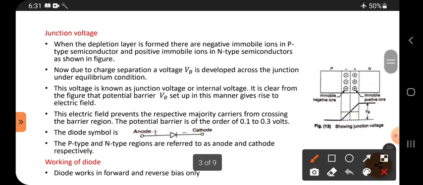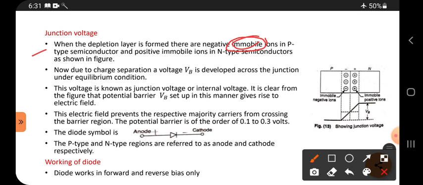Next, junction diode. When the depletion layer is formed, there are negative immobile ions in the P-type semiconductor and positive immobile ions in the N-type semiconductor as shown in the figure. Here negative immobile means which cannot move.